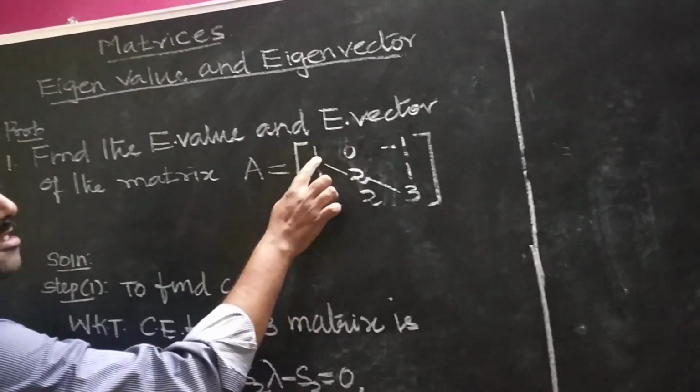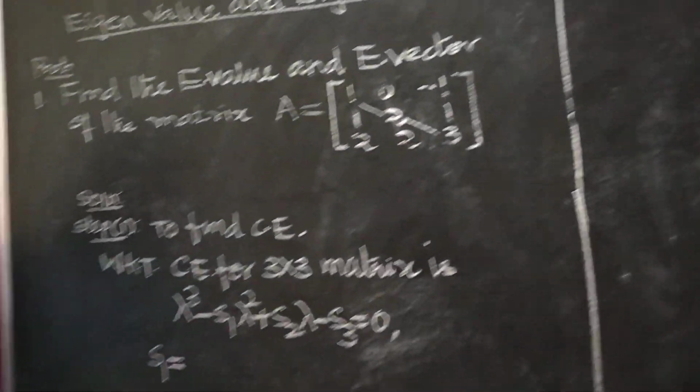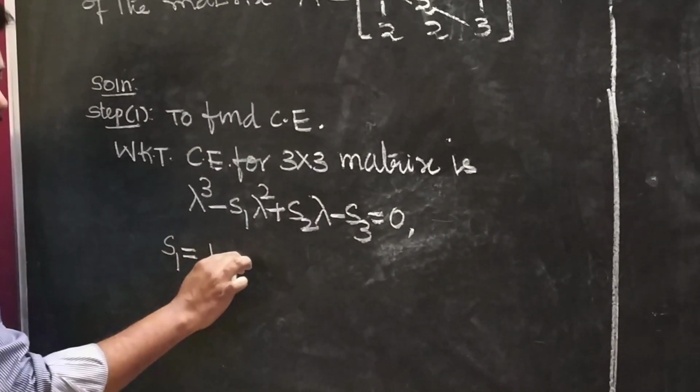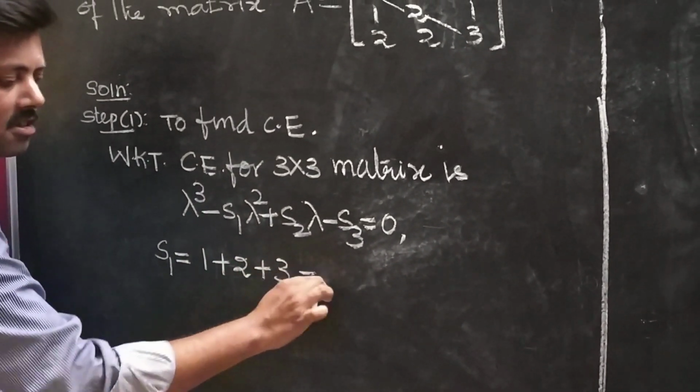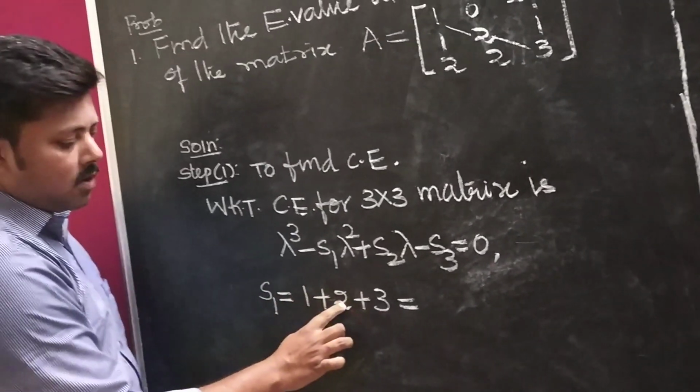Here the diagonal elements are 1, 2 and 3. So the sum of the main diagonal elements is 1 plus 2 plus 3, which is equal to 3 plus 3, 6.